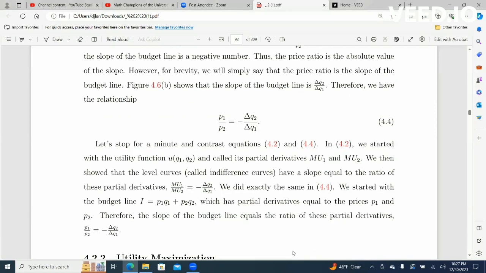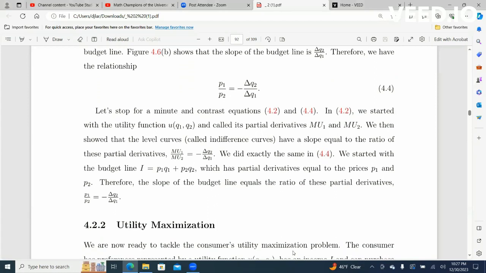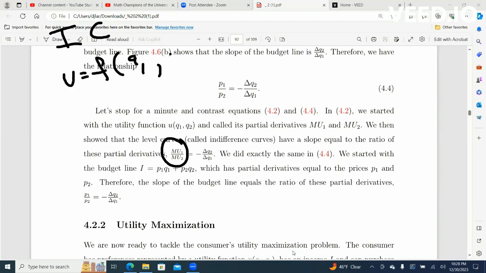I didn't realize they were going to write it, but I wrote it and then they wrote it. We don't always graph, but this is from the indifference curve, which is u equals a function of q1, q2. That's going to come up with the slope MU1.